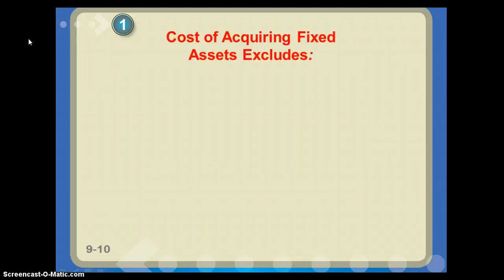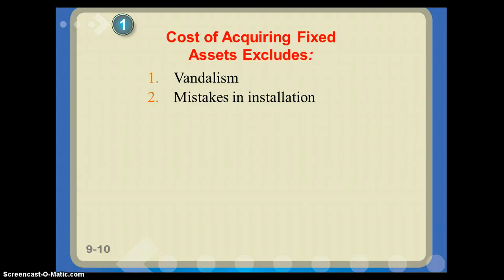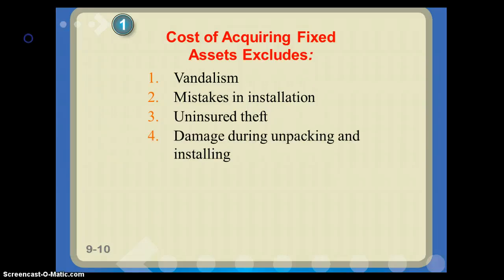Costs not included when we acquire fixed assets are things like vandalism. It didn't have to happen for us to get that. If it was vandalized, it's not included in the cost of that asset. Mistakes in installation. We pay somebody to install it wrong. We have to pay more to have it installed right. Not included. Theft. If we don't have something insured, somebody steals it, it's not part of the cost of that fixed asset.